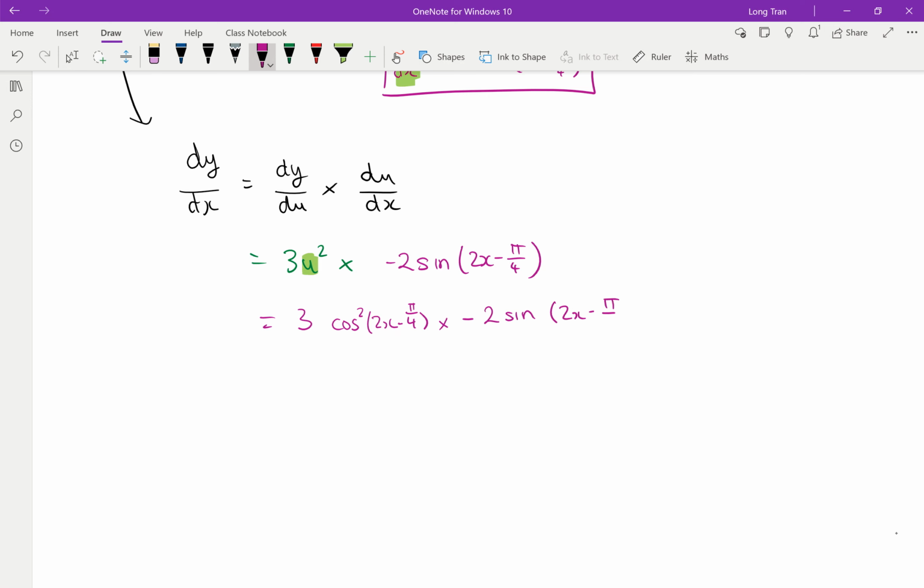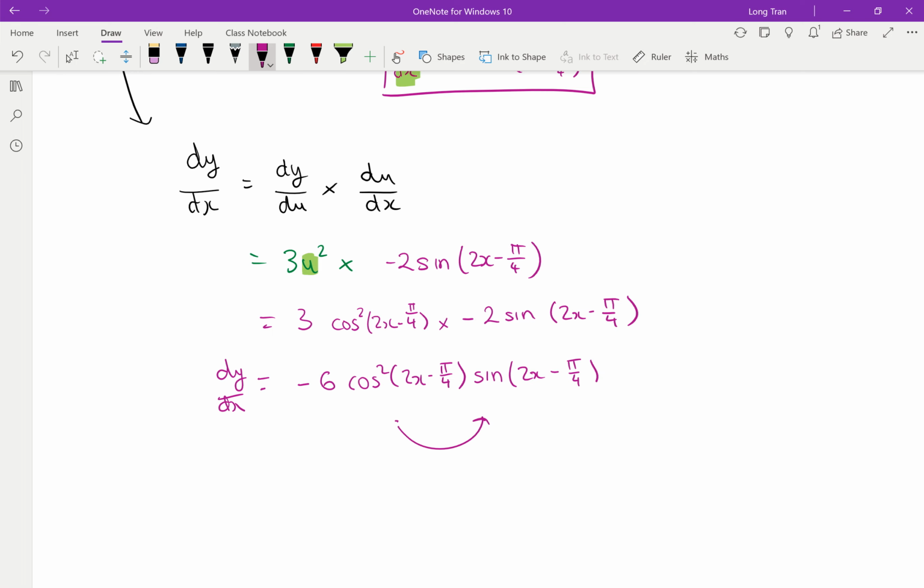So putting them together, that gives me negative 6 cos squared 2x minus pi on 4 times sine of 2x minus pi on 4. That's my delta y, delta x, and the order could be swapped.